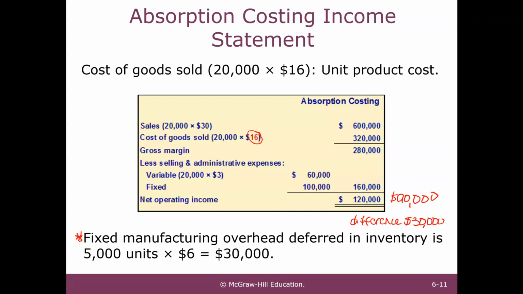Okay, let's look at why the two differ. Absorption costing absorbs all the cost. So in the $16 is that 5,000 units still left in ending inventory. And within those 5,000 units in ending inventory is fixed manufacturing overhead of $6 per unit.